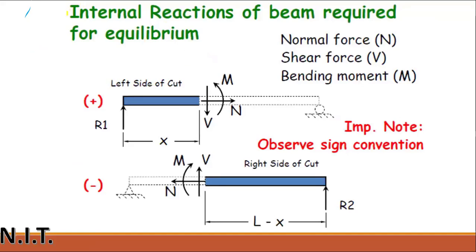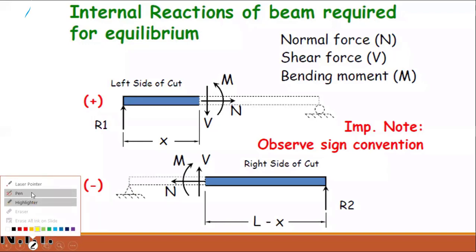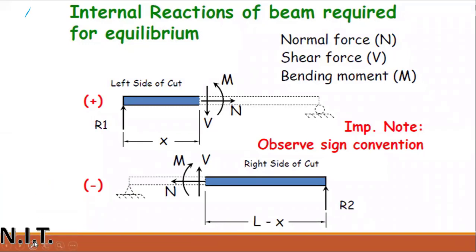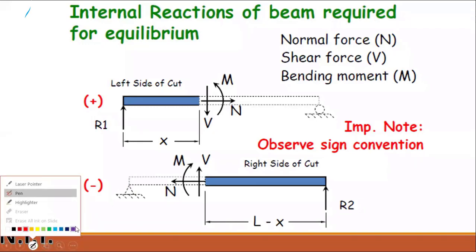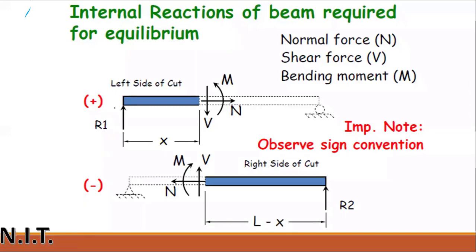These are the different sign conventions of a beam. Try to understand these sign conventions. Listen, internal reactions of a beam are required for equilibrium.